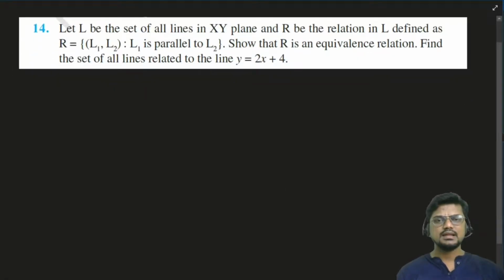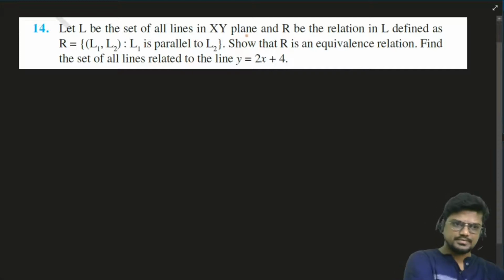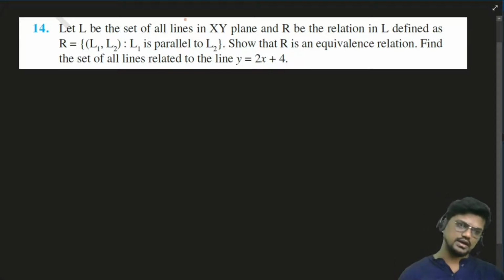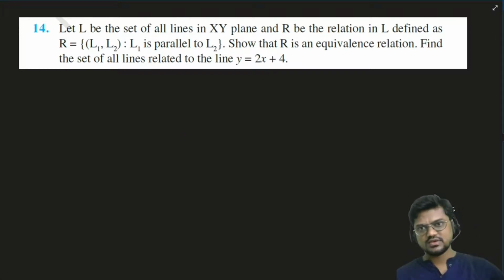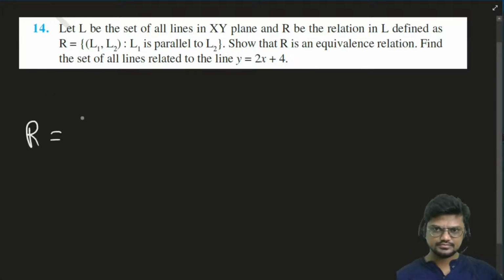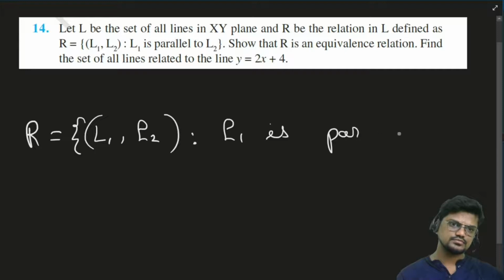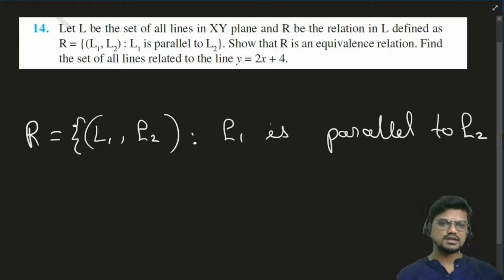Let L be the set of all lines in the xy plane, and R be the relation in L defined as: the set of all L1 comma L2 such that L1 is parallel to L2. Show that the relation is an equivalence relation.